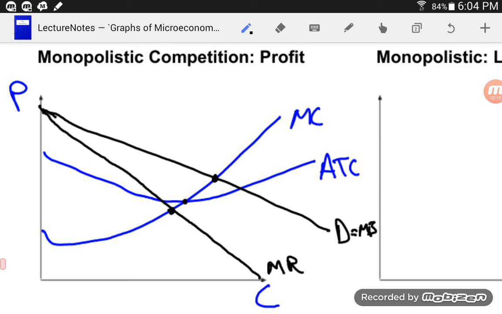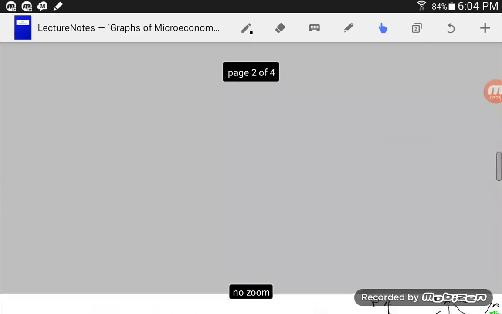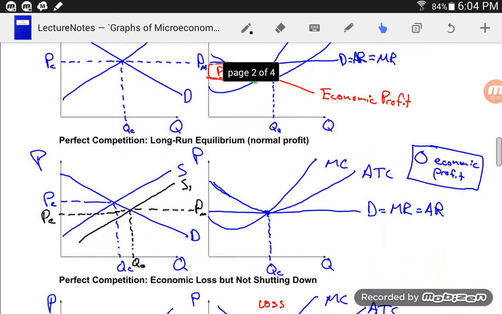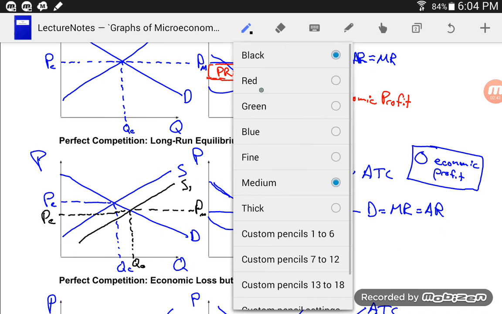The nice thing that we saw with perfect competition, I guess the nice thing from an economic standpoint, is that in the long run, when we get to equilibrium, we are indeed producing at the productively efficient cost. We're also producing where, I didn't even write it in there, I should fix that.